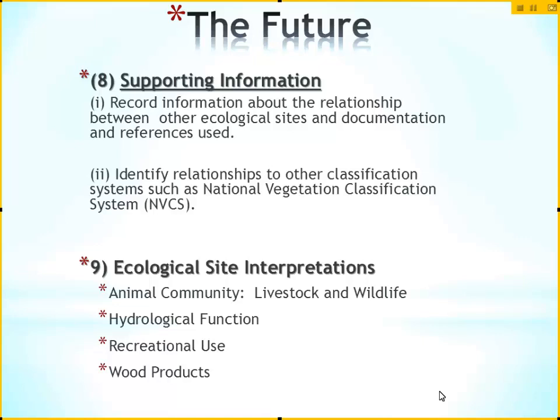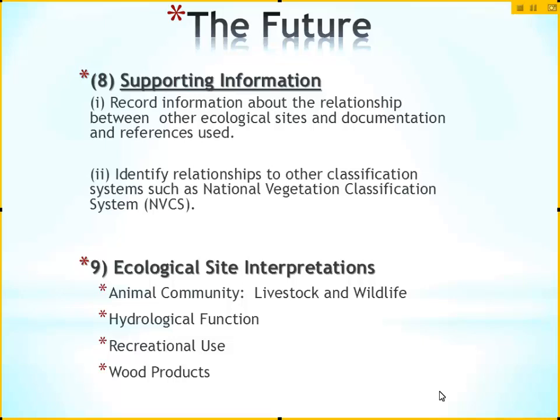This is interesting, and I haven't quite wrapped my head around this part yet fully. But the naming conventions of the plant communities and states need to crosswalk to this system, because apparently a lot of people use it. I saw it for the very first time last year when they told me that it existed.